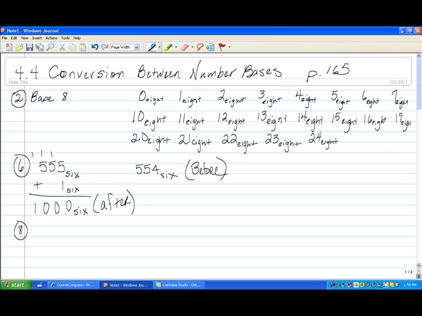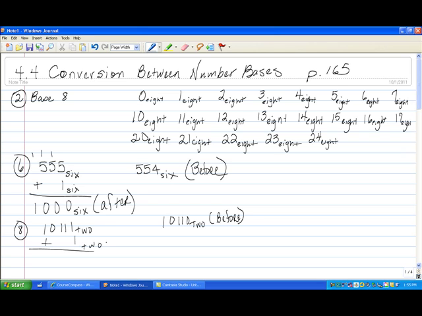Okay, in number 8, we're doing another one the same way. 10111. This is base 2. So for the one before, we'd want to subtract 1, and that would leave us with a 0. So that'll be the one before. And then again, we want to add 1 to figure out the one after.